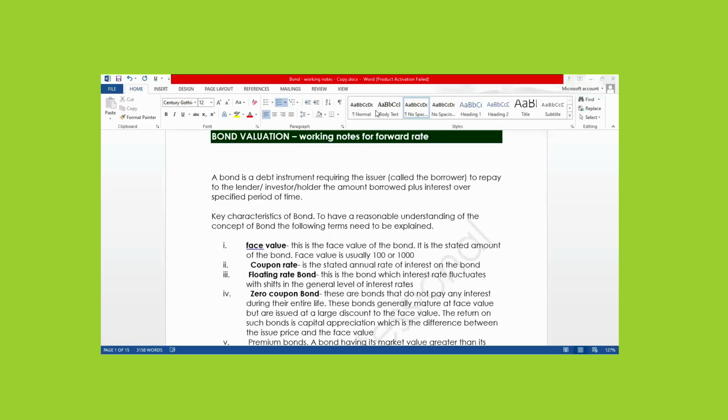The rate is not fixed. The rate will continue to change in line with changing market rates.